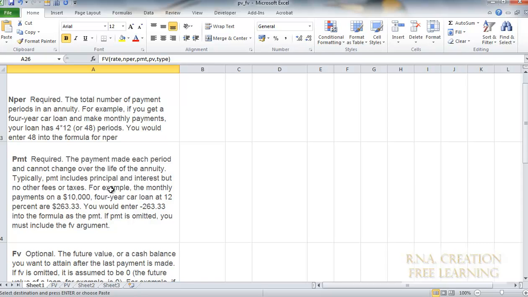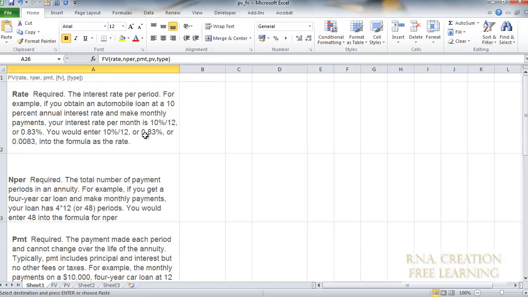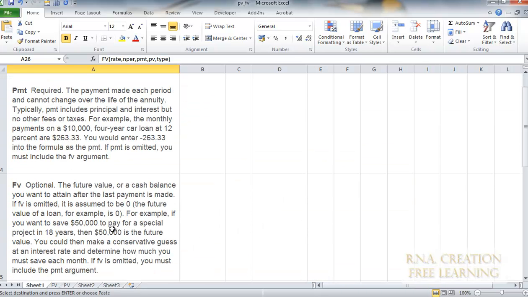This is exactly the reverse situation: what the bank is calculating is what you are going to give them if you are borrowing the loan for a period at the rate of 10%, divided by 12 for each month, which comes to 0.83. So this is the reverse situation of what I'm doing. Instead of you getting something, you are actually giving it. You are taking a loan from the bank, and the bank is calculating this.